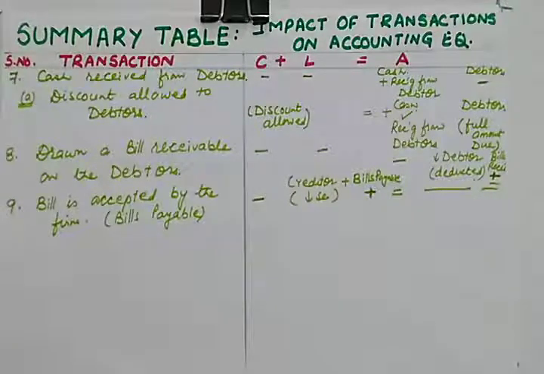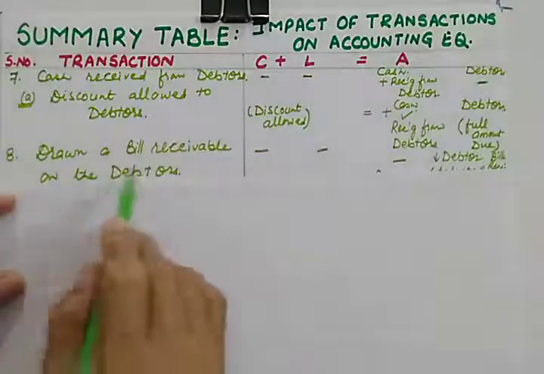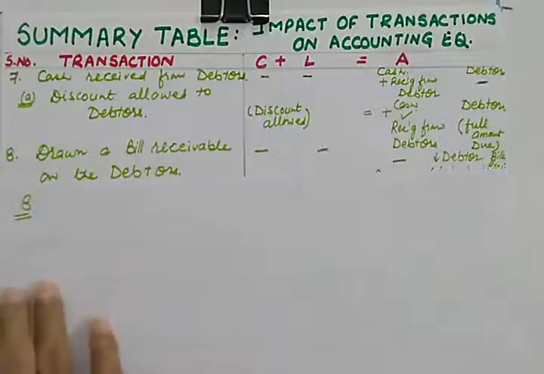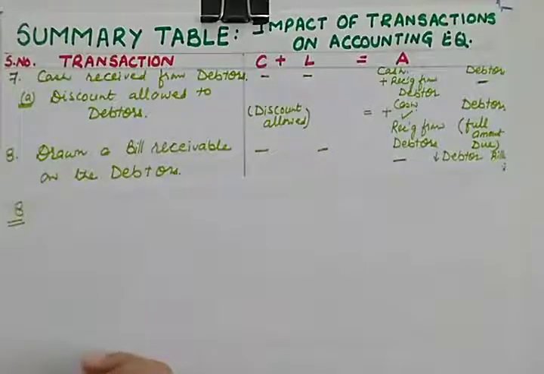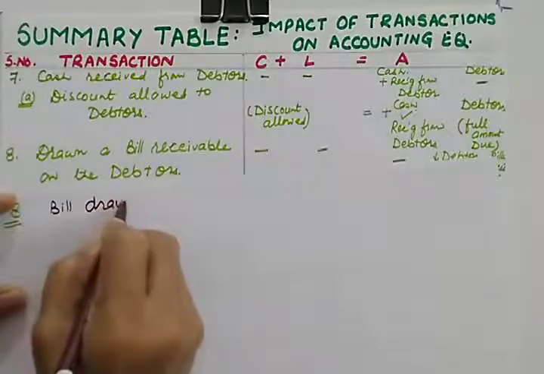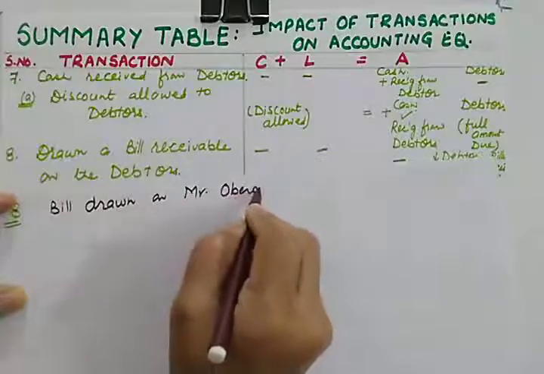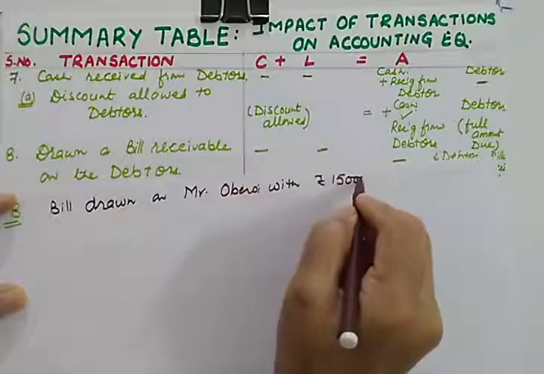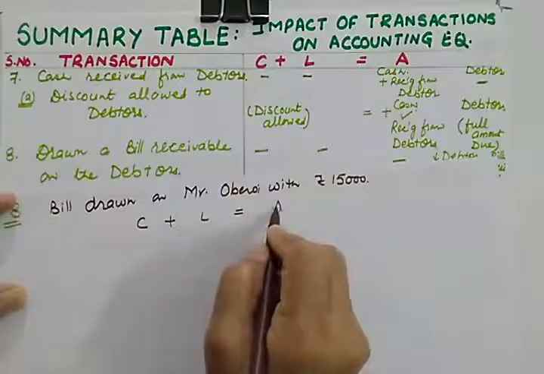So let us do numericals based on these two. So this is example 8, if a bill is drawn on Mr. Oberoi with rupees 15,000, then what will happen to the accounting equation, C plus L is equal to A?